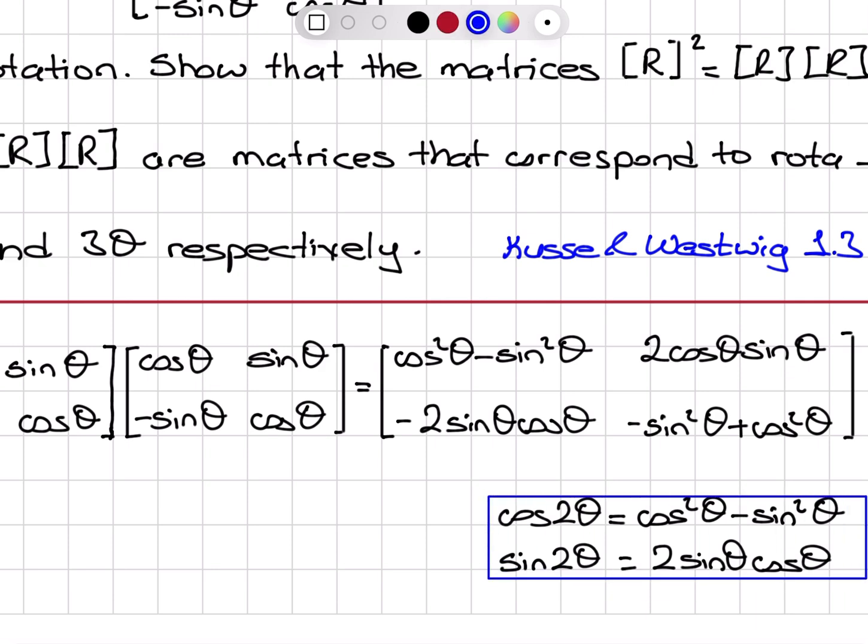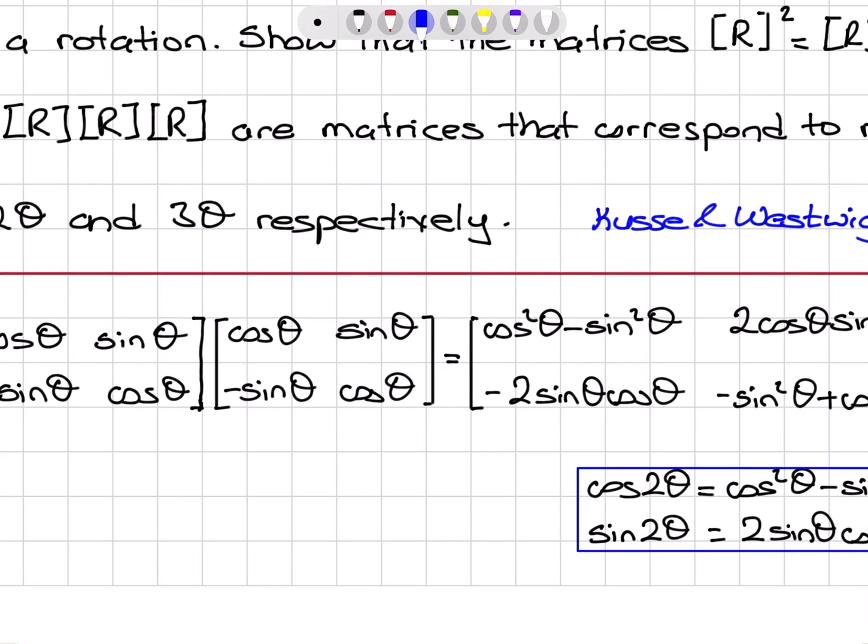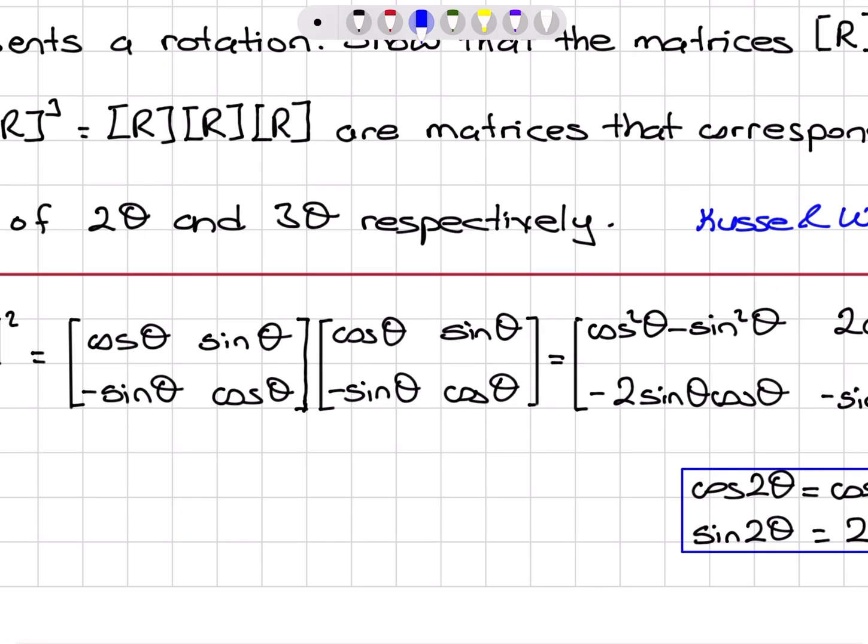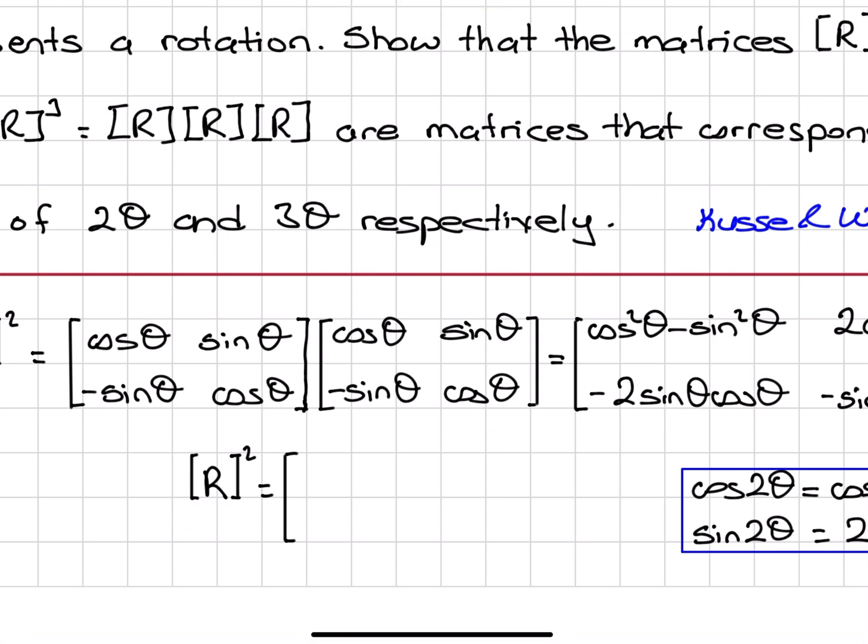So if I recall these results, then I see that the square of the rotation matrix, R square, is: the first element, cosine square minus sine square, is cosine 2 theta.